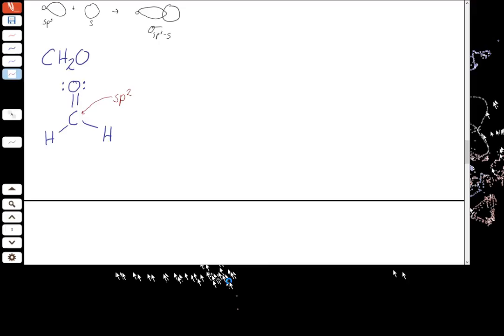So I'm going to redraw this molecule kind of looking on edge. Remember, this is a flat planar molecule, so let's kind of tip it and look at it from the edge. If we were looking at this on the edge, it might look something like that. See that? It's flat.